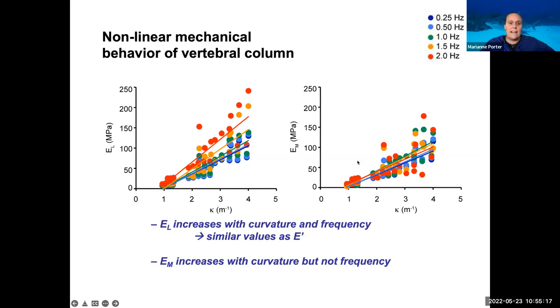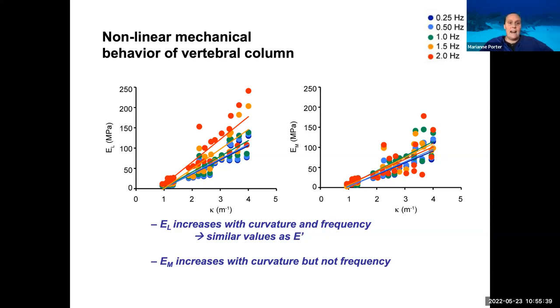And when we were looking at stiffness at minimum strain, we saw increases with curvature, but not with frequency. So you can see here, we've got curvature on the x-axis and our frequencies are the different colors of the lines and the dots. And there's not a lot of difference in the slope of these lines. So they were not significantly different.